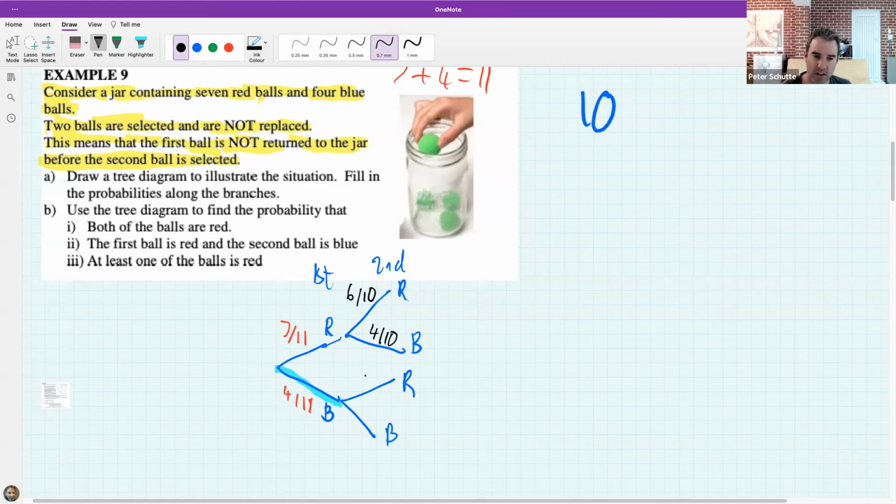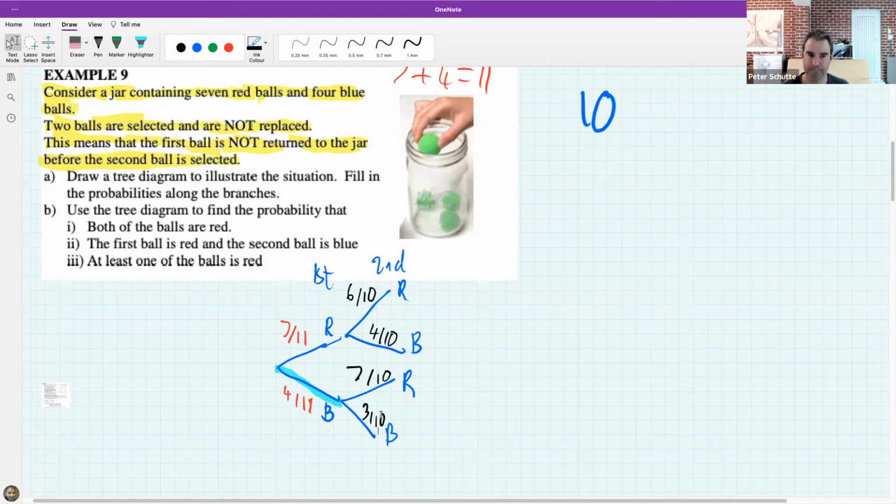Because we know it's out of 10, because we picked up one ball, and because it was a blue ball, all 7 reds are left here. Now, what's this one at the bottom going to be? This one is going to be 3 out of 10.